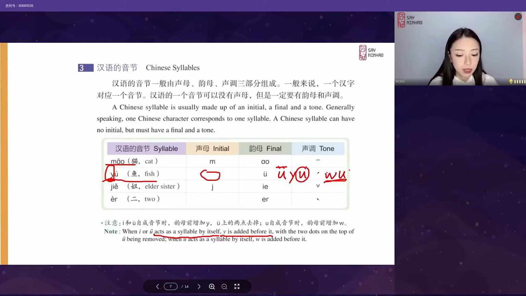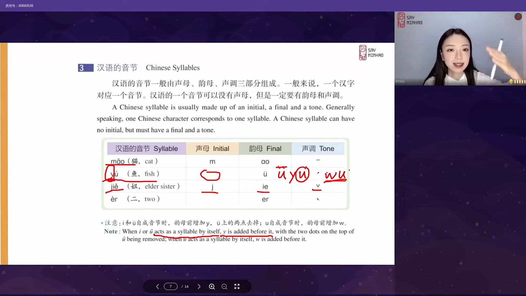Now let's see next one. Next one looks a little bit complicated, but actually it is not. Let's see, here it is. The initial J, right? And the final is ie, and the tone is third tone. So, jie, jie means sister, elder sister, not younger one, the elder one.